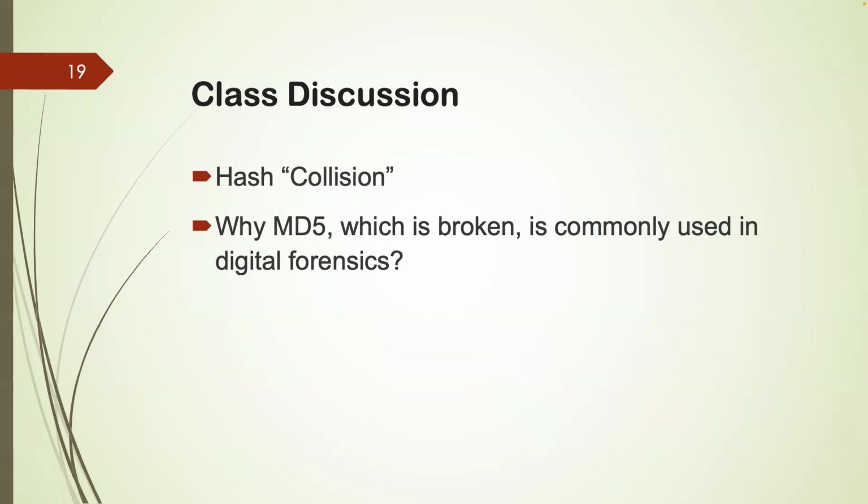There is a concept in hashing called the hash collision. Ideally, two different files, say file one and file one prime, should have different hashes. This is the strength of a hashing algorithm: it should produce different hashes no matter how slight the difference in the original file.